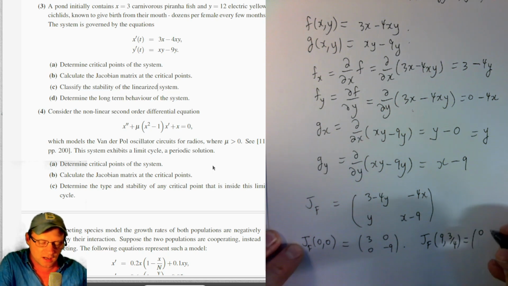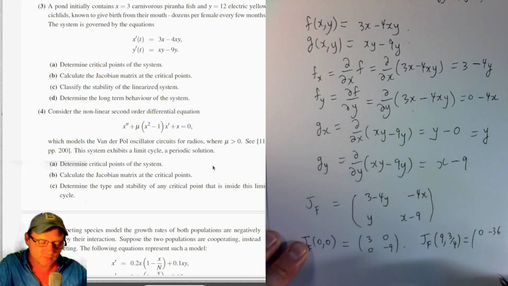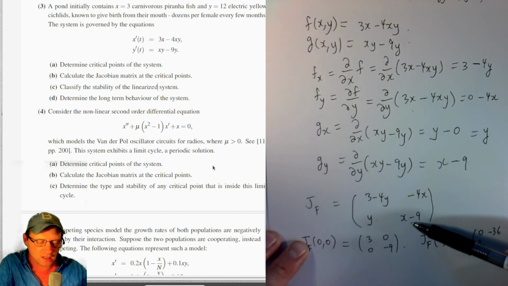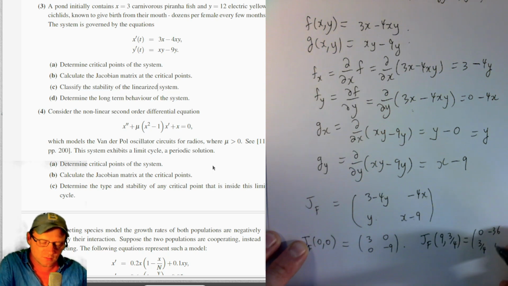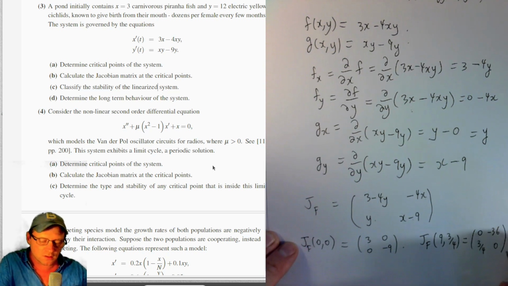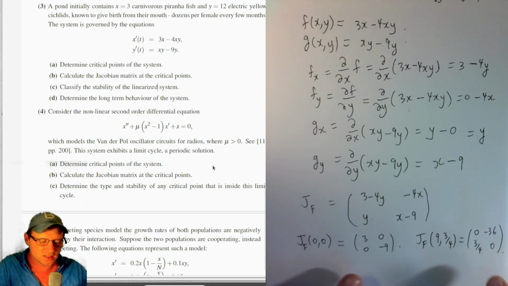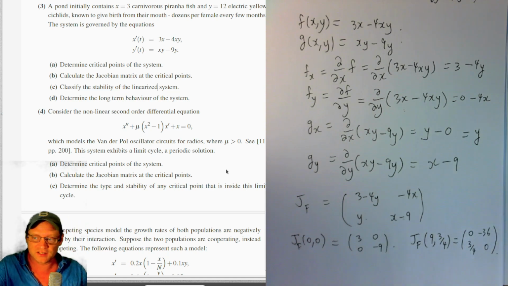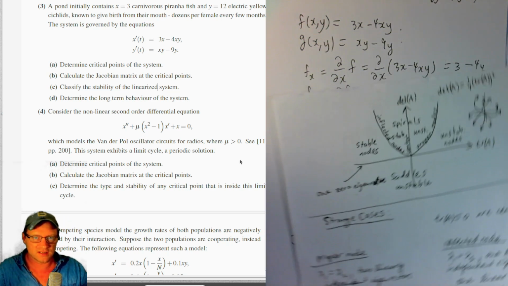Subbing in 9 there, I have minus 36. Subbing in 3/4 there, I have 3/4. And subbing in 9 there, we've got 0. Now we should use these two matrices to classify the critical points using our stability chart, which is this right here.